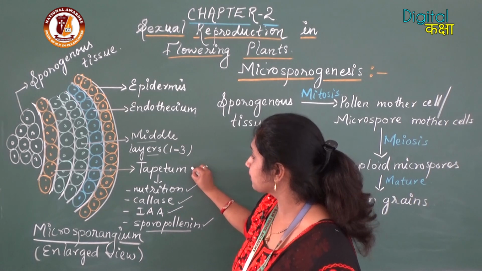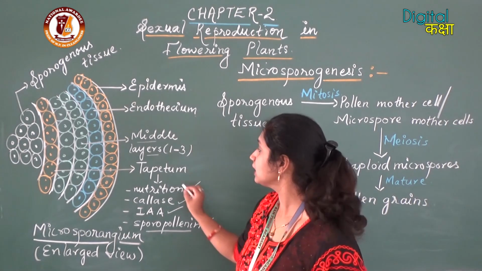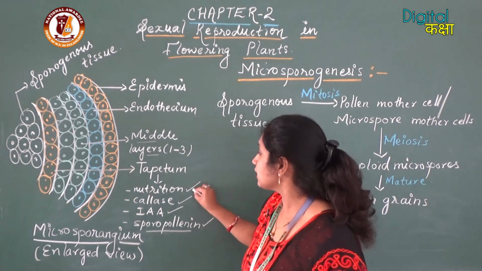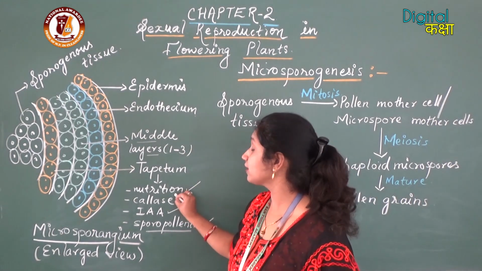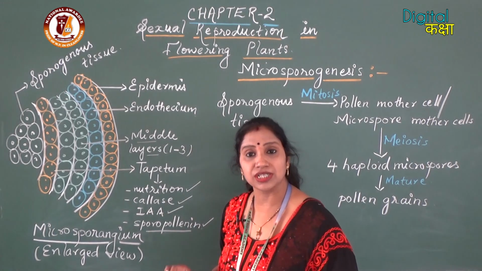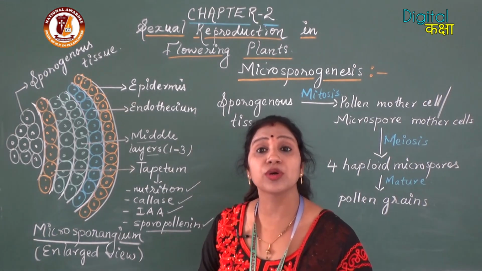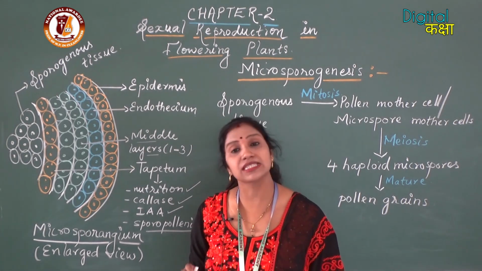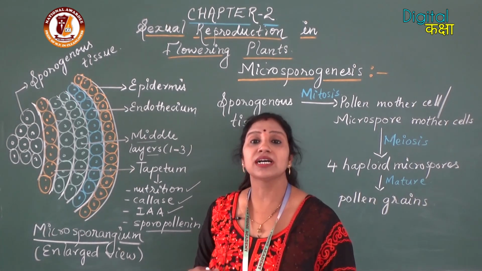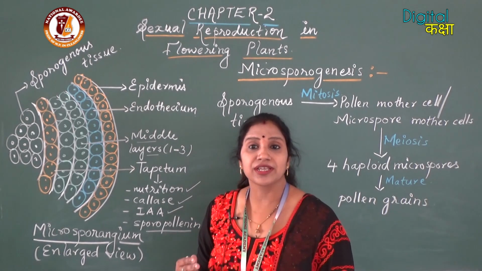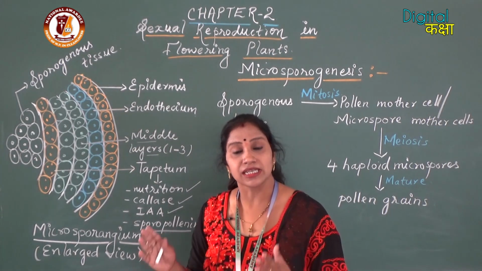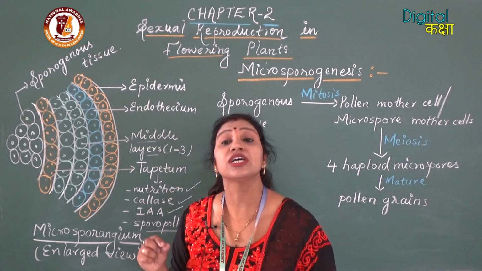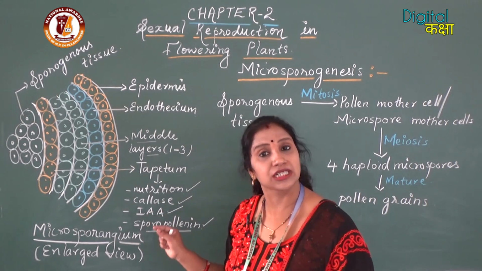Again we will repeat the functions of the tapetum layer. The tapetum layer plays a very important role. The first function is providing nutrition to the cells which are going to form the pollen grains, and also to the developing pollen grains, so that the initial pollen grains, also called microspores, mature into pollen grains.